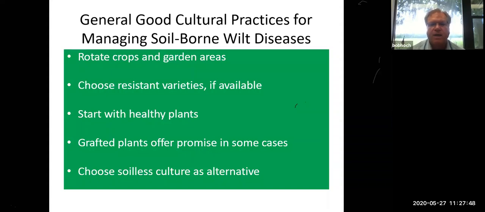Choose resistant varieties if they're available to you. Fusarium or verticillium wilt are common. Tomato spotted wilt is common. There are some varieties that are resistant to nematodes. And always start with healthy plants. Sometimes when you get the bargain at 25% of what the normal price would be on the rack off the corner there, you get what you're asking for. And a lot of times that's a long-term problem for you for the rest of the season.